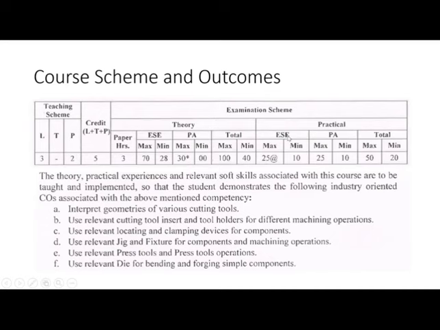Also the end semester examination will be conducted for 25 marks, for which you have to score 10 marks. In practical assessment 25 marks, the minimum required is 10 marks, which will be a total of 50 marks, and the minimum marks you require is 20 marks. Okay, so the course outcomes associated with tool engineering are mentioned below.